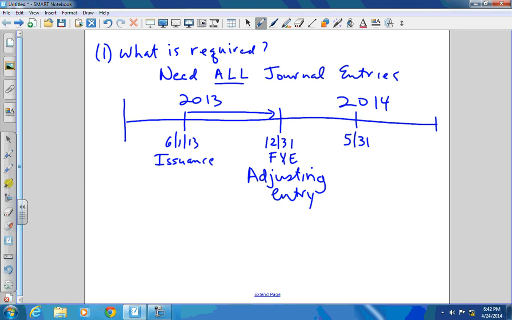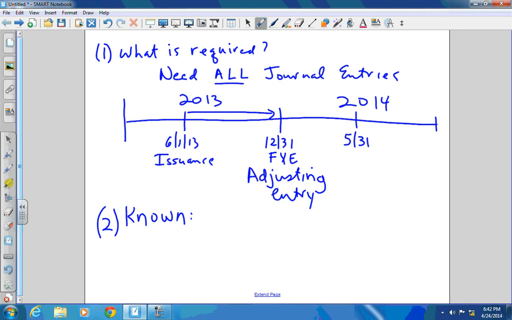And so, right, we want to think about kind of what's required for the solution. Well, we need the issuance and then the adjusting entry. So the big question is what's known and what's not known in this problem. So let's think about what's known.